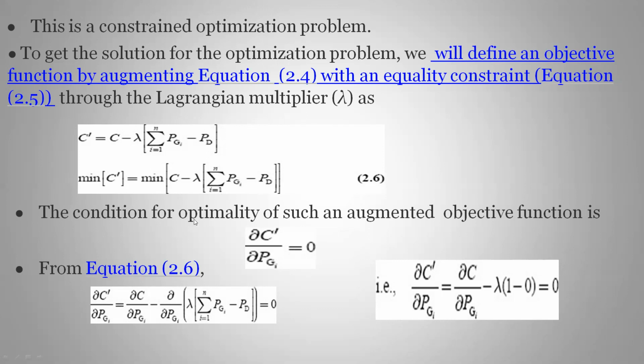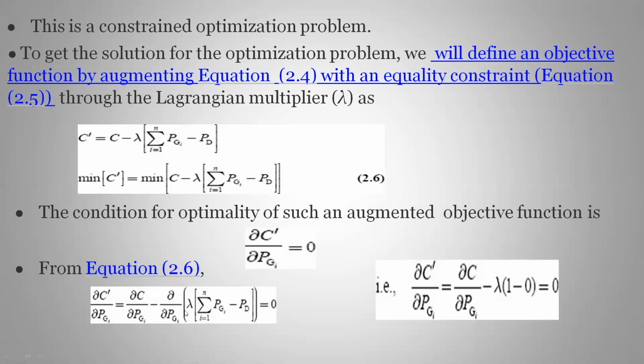The condition for optimality of such an augmented objective function is ∂C'/∂PGi. So we differentiate the equation C' with respect to PGi, to minimize it. Okay, so ∂C'/∂PGi = ∂C/∂PGi − ∂/∂PGi of λ(Σ i = 1 to n PGi − PD) = 0.